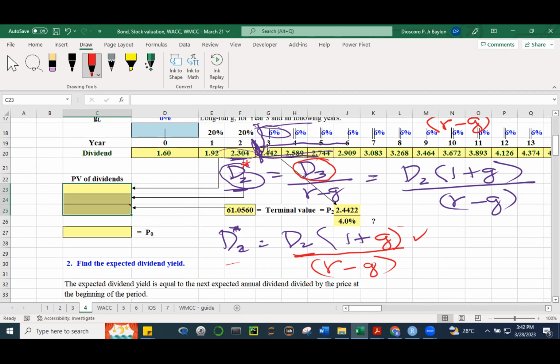Because the dividend at year 3 is equal to whatever the dividend on year 2 is, and then we let it grow by the constant growth rate, 6%. Okay, so you can just take a look at this. This one is dividend on year 2 times 1 plus G.